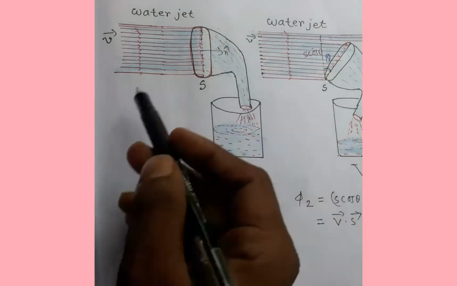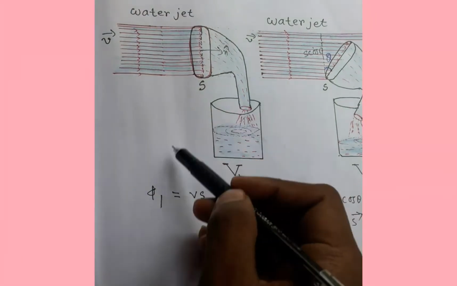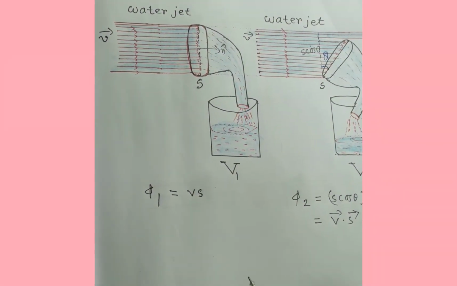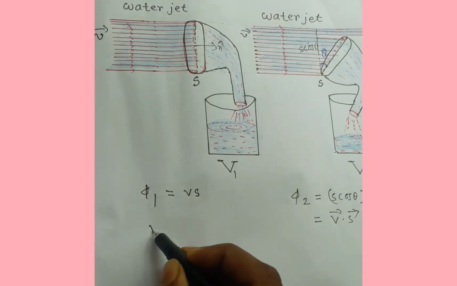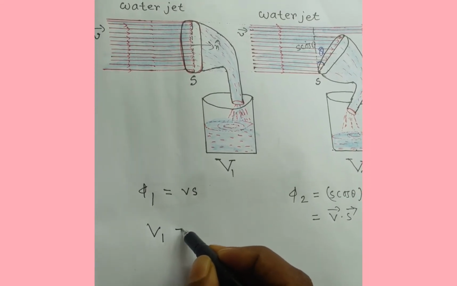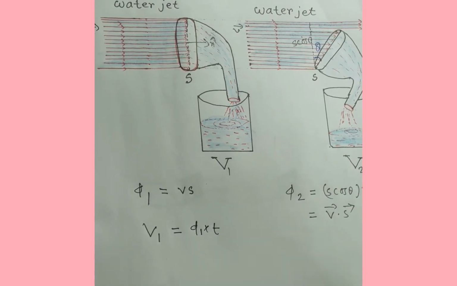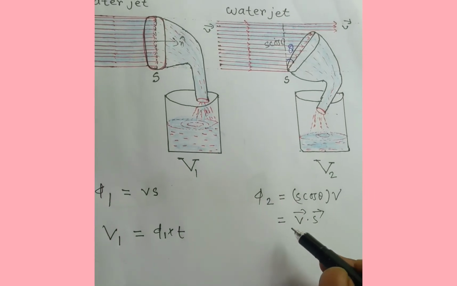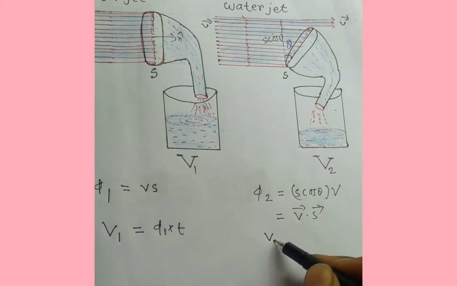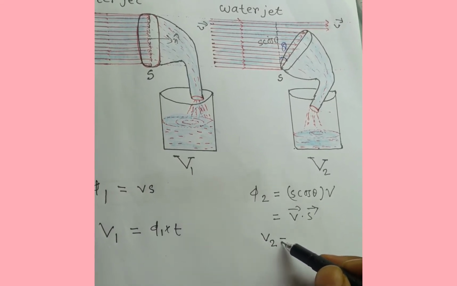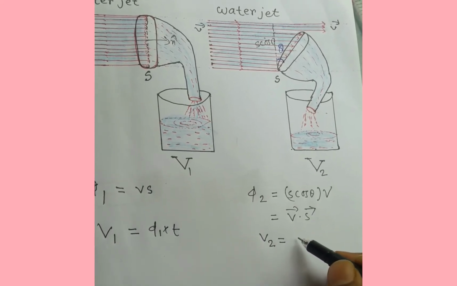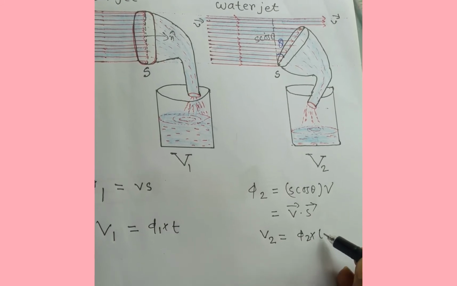Therefore, in the first bucket, the volume collected in time t, V1, is given by phi 1 into t, and in the second case the volume collected in time t is given by phi 2 into t.